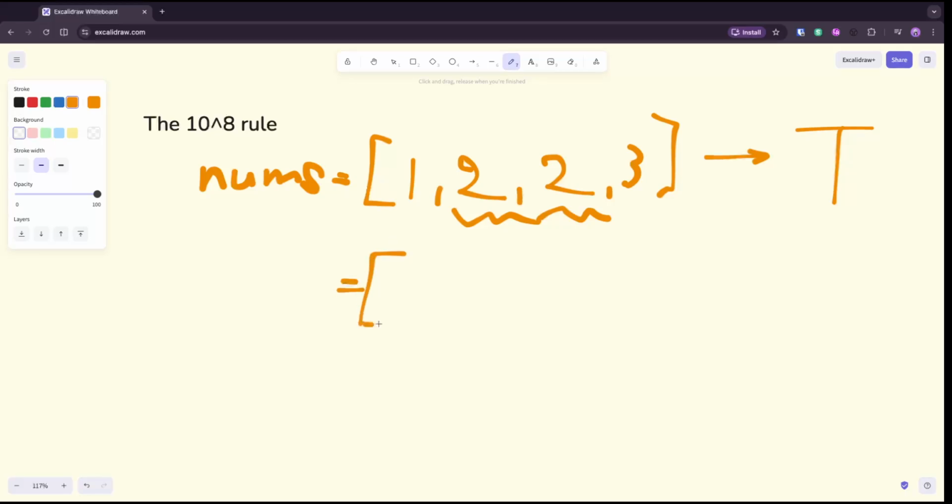Otherwise, 1, 2, 3. This is false because nums don't contain a duplicate number. It's a very simple problem.